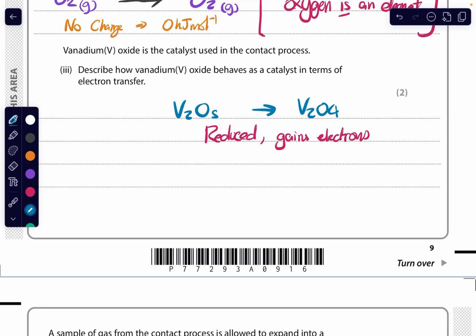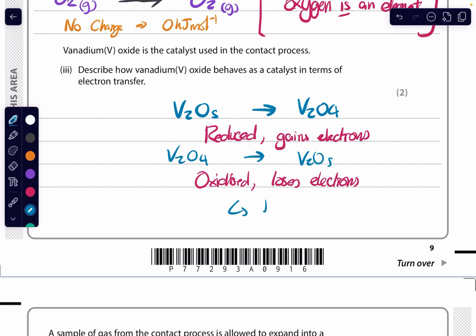Right, the second step is V2O4 goes to V2O5. What's happening here? It's oxidized. It loses electrons. And because I'm picky, I would also say returns to original state.